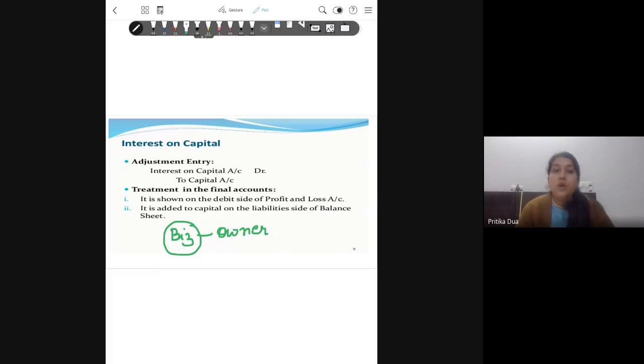Accounts are prepared for Reliance Petroleum, while Mukesh Ambani is one of the contributors of capital to the business.